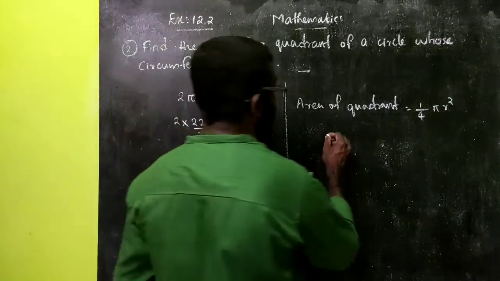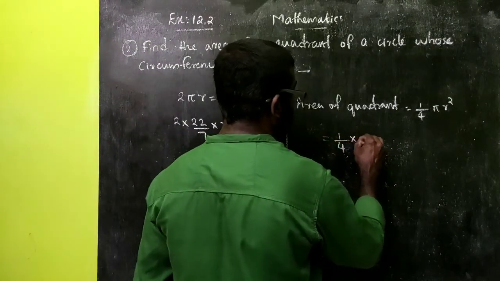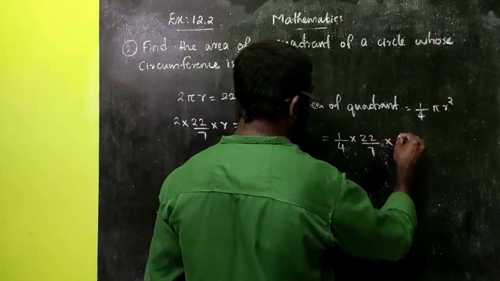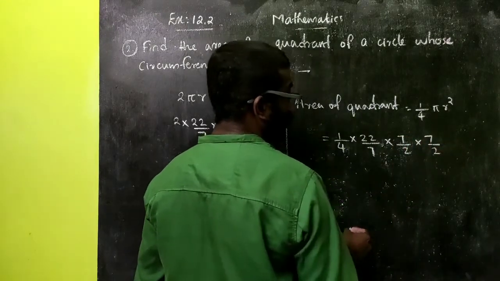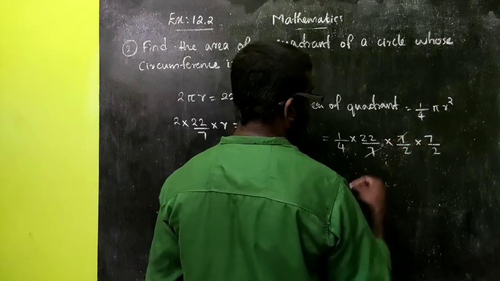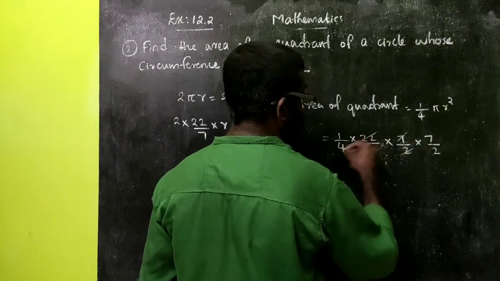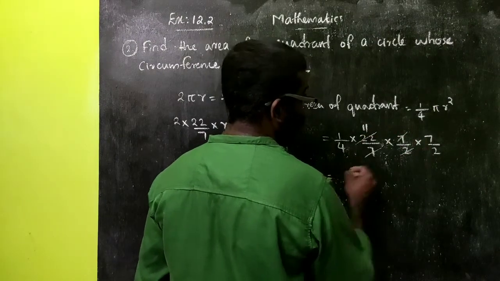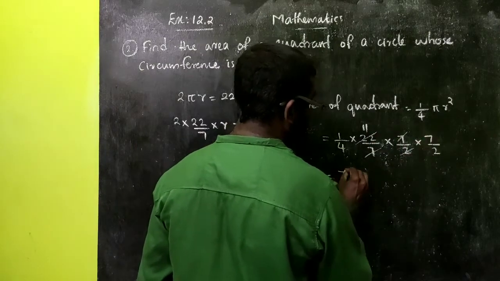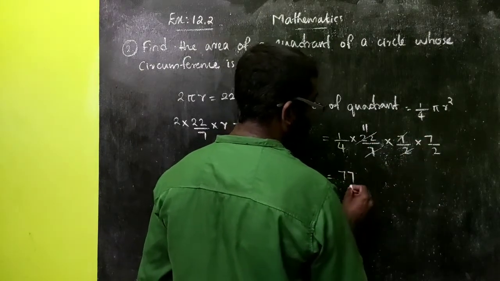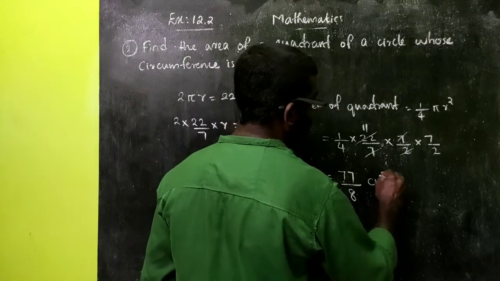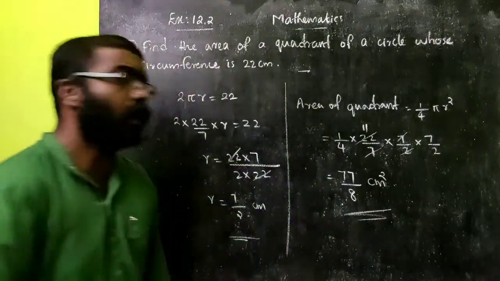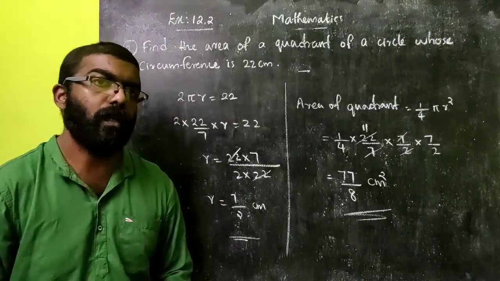Okay. So 1 by 4 into 22 by 7 into 7 by 2 into 7 by 2. Here on 7 and 7 we can cancel. 2, 22, 11. Then 11 into 7, 77. 4 into 2, 8. 77 divided by 8 centimeter square is the area of the quadrant of a circle.